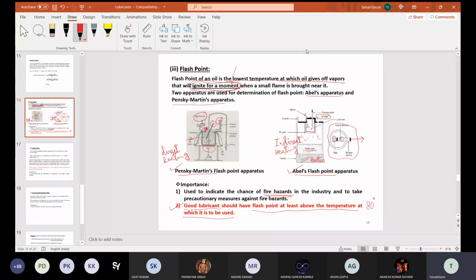Then the flash point of the oil that you are going to use must be higher than 80 degrees.